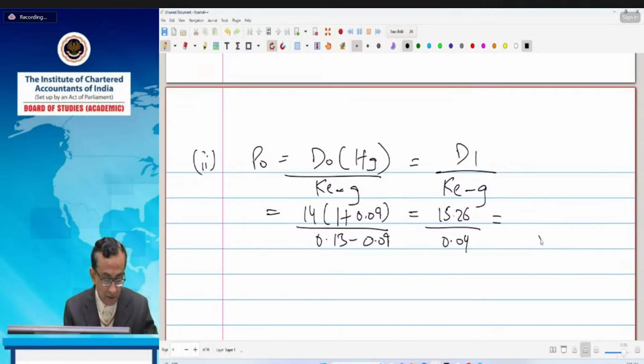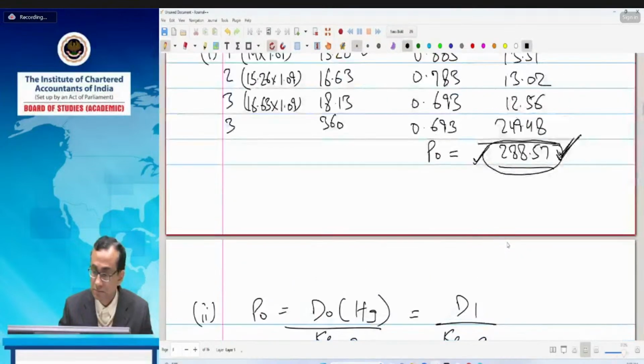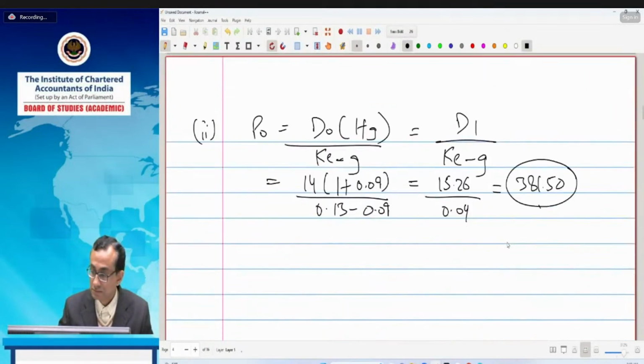It is coming to 381.50. Fine. Now the second answer is coming. It is very simple to understand because it is specifically given in the question that the growth rate is indefinite. Simply Gordon's formula, this perpetuity formula, will be used.